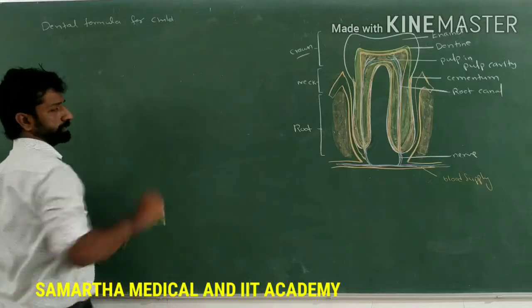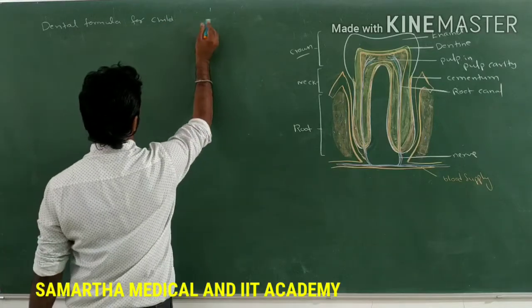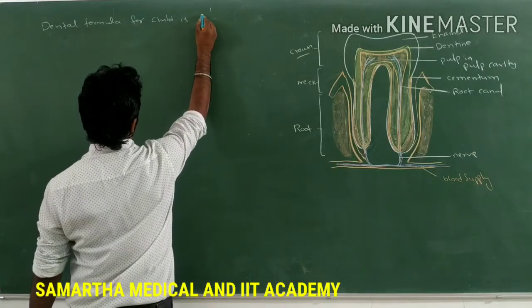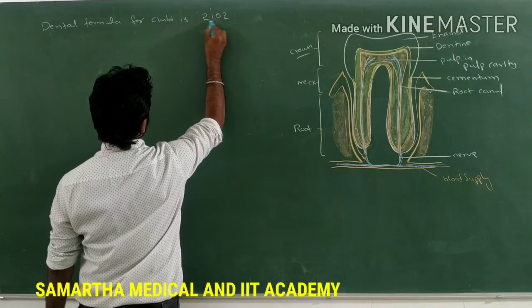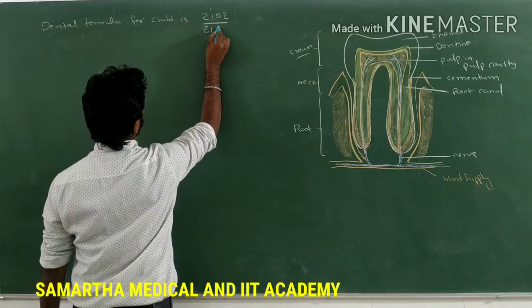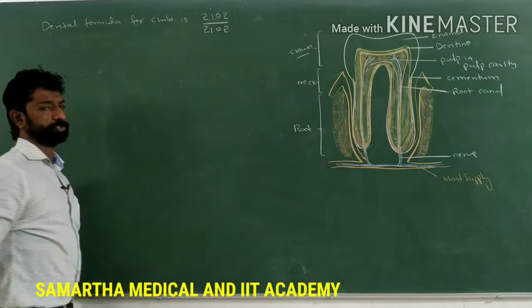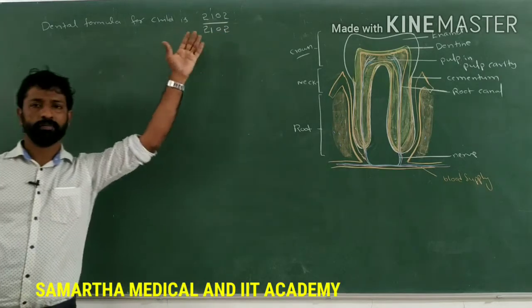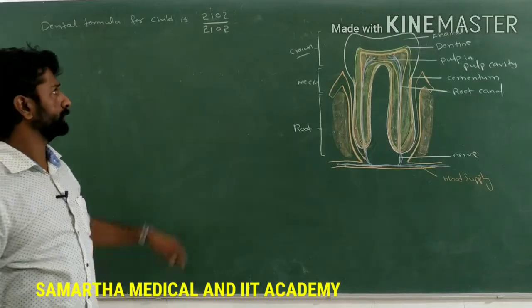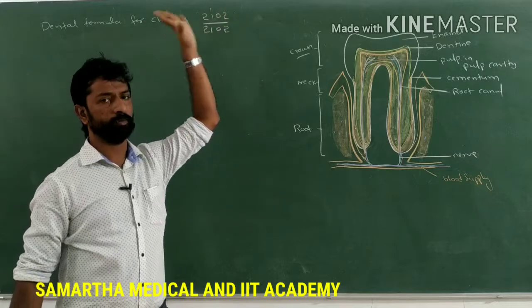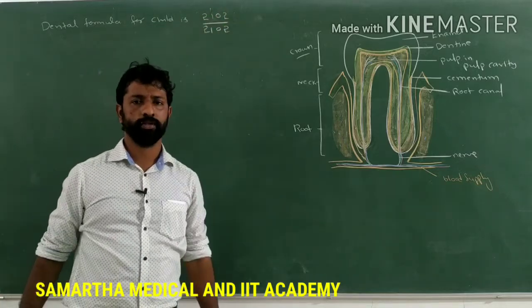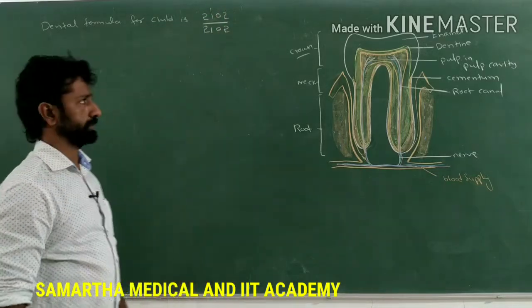As per the previous class, the dental formula for the child is 2102 by 2102, and we also know the order of arrangement of the teeth: incisors, canines, premolars and molars. The teeth absent in the child are the premolars.